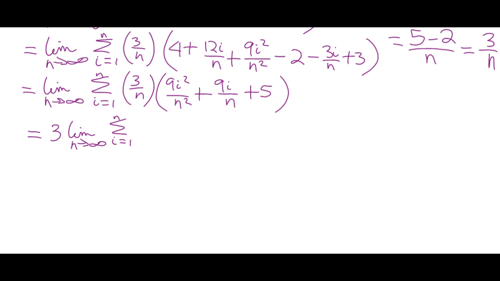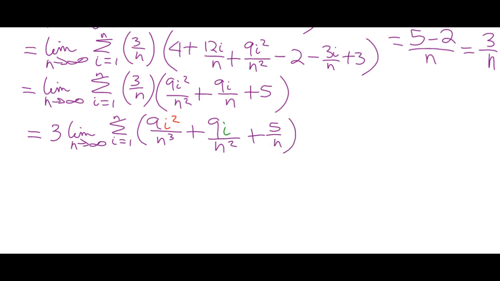And now what we'll do is pull the 3 out there. We now have a 1 over n. We're just going to multiply through by 1 over n. So we have 9 i squared over n cubed plus 9 i over n squared plus 5 over n.